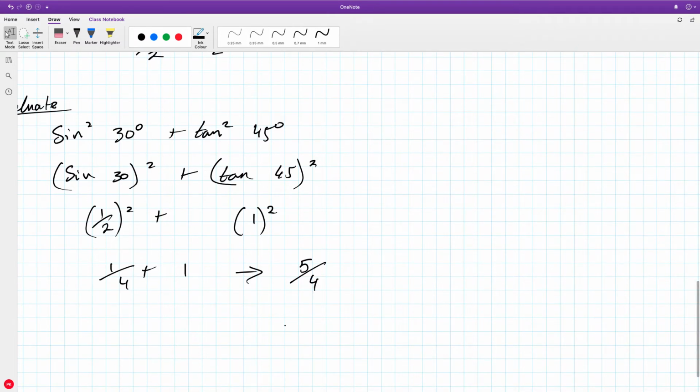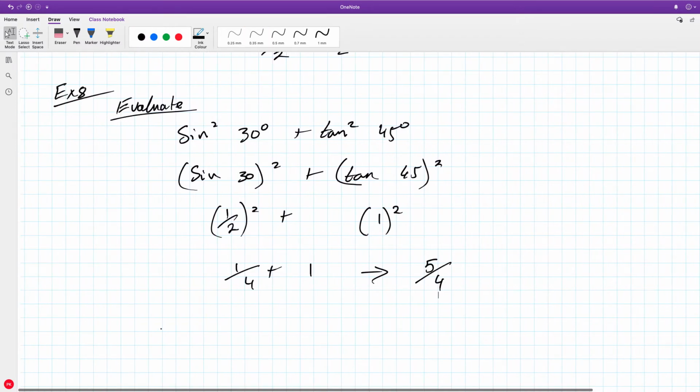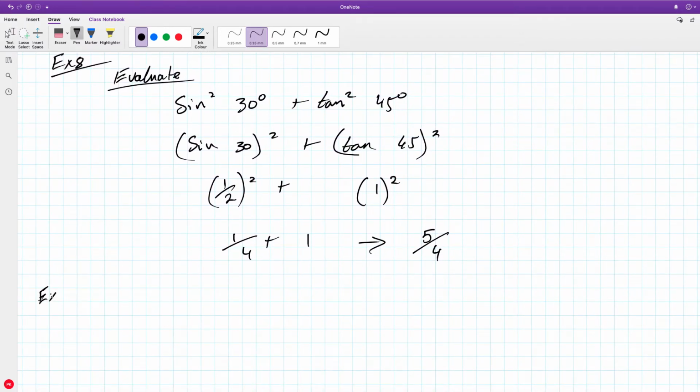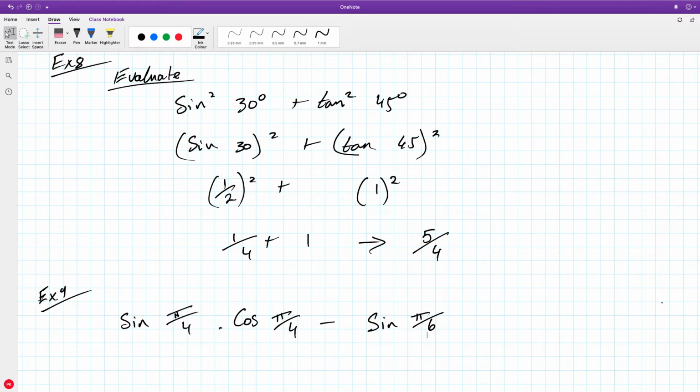Right, same thing with rads. Have a go at this with me. Evaluate the sine of pi over 4 by the cos of pi over 4 minus the sine of pi over 6.